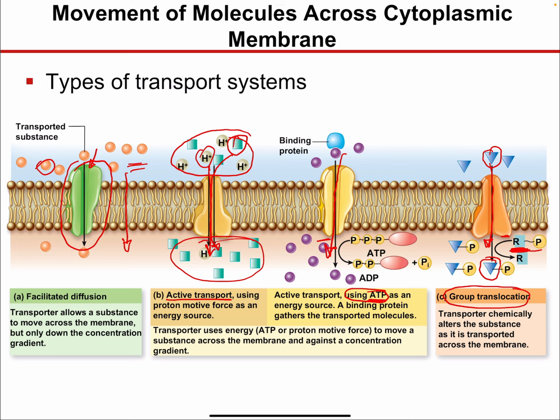In other words, we can carry sugars from a low concentration compartment toward a high concentration compartment, which you can never see with facilitated diffusion. All right? So this allows the cell to acquire and store some chemicals inside of the cell.